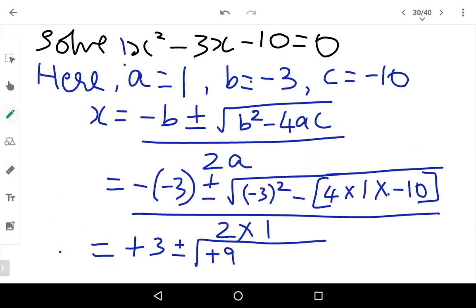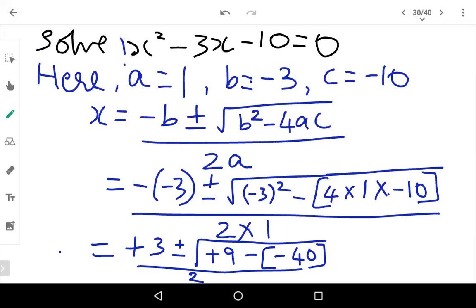Then minus, bracket, 4 into 1. 4 ones are 4. 4 into minus 10 will give you minus 40. Correct? 4 tens are 40, but you have a minus sign, so minus 40, whole divided by 2 ones are 2. Okay, so this is the next step.